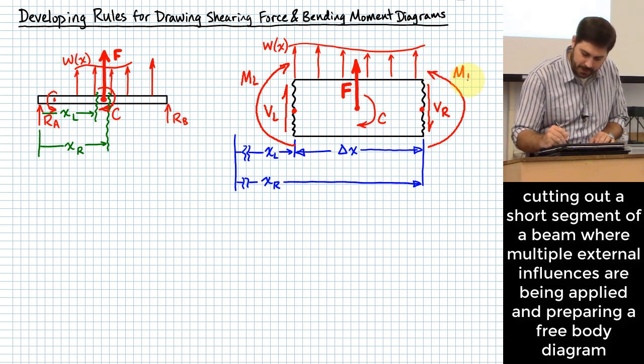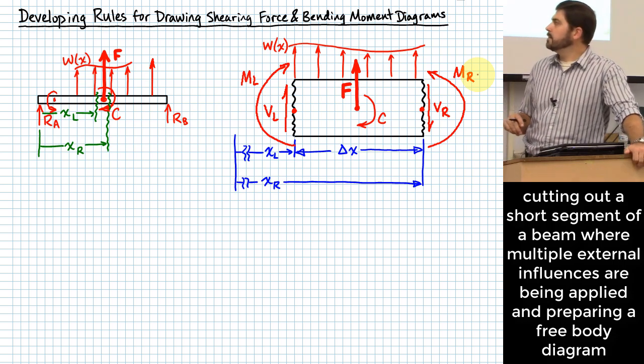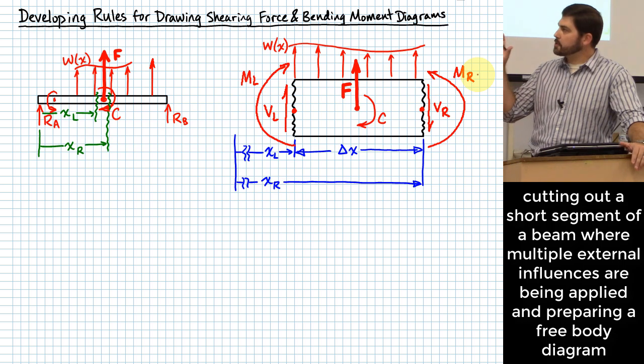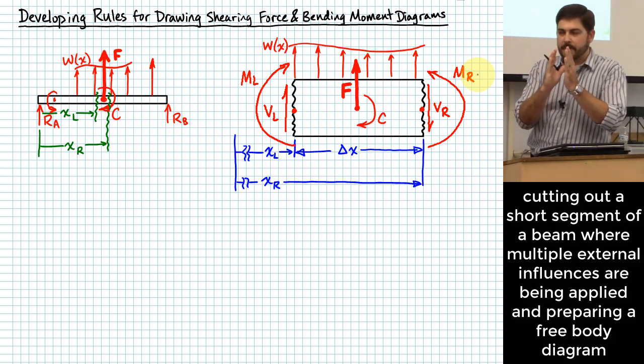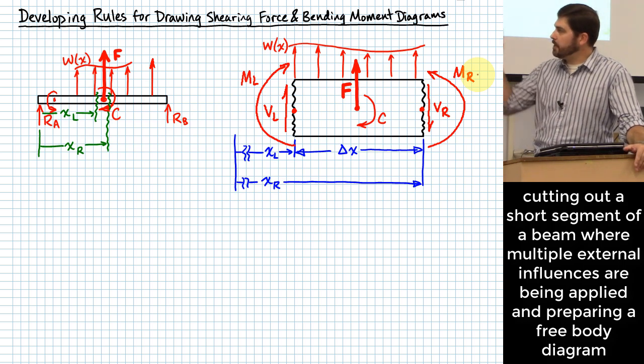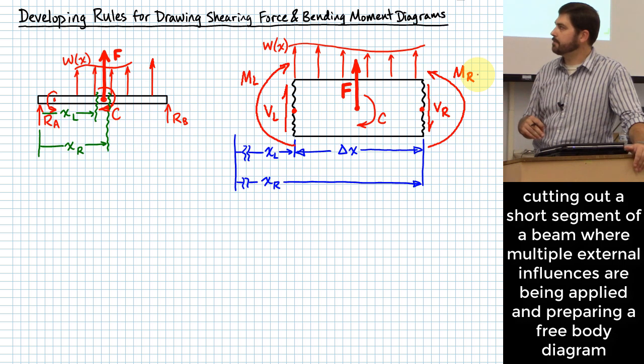I'll name that one M sub R. So that's the step of, once we've split out this little segment of the beam, thinking about what sorts of forces would act on it. We've now added those in, as we would have to once we've made those cuts.